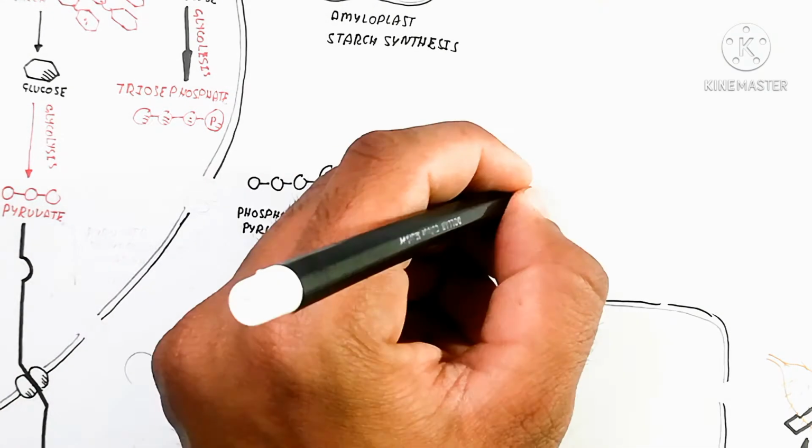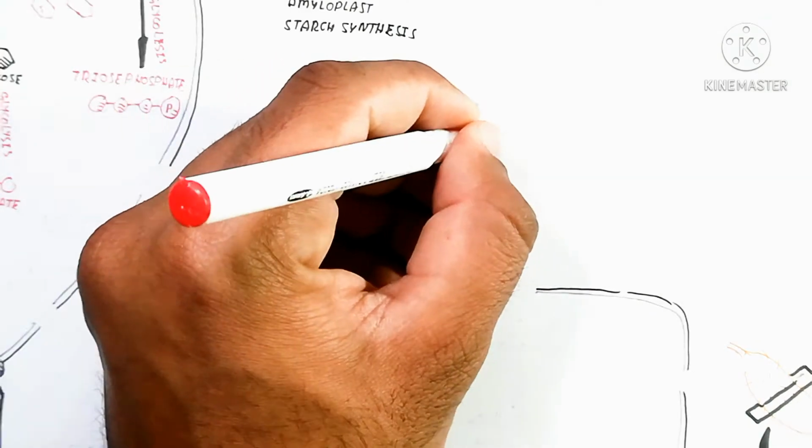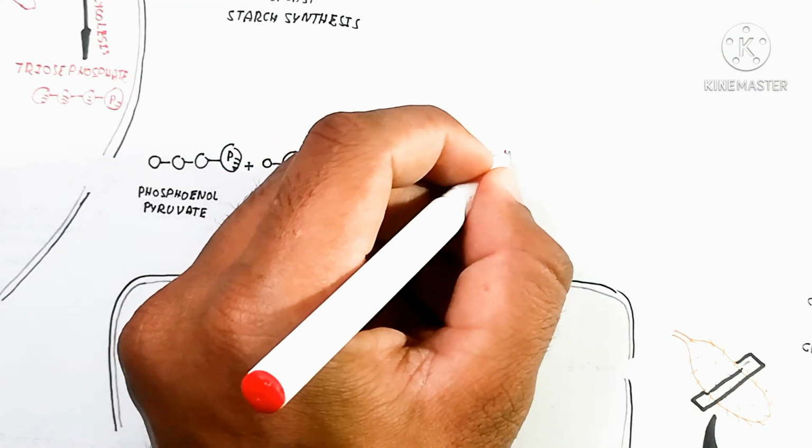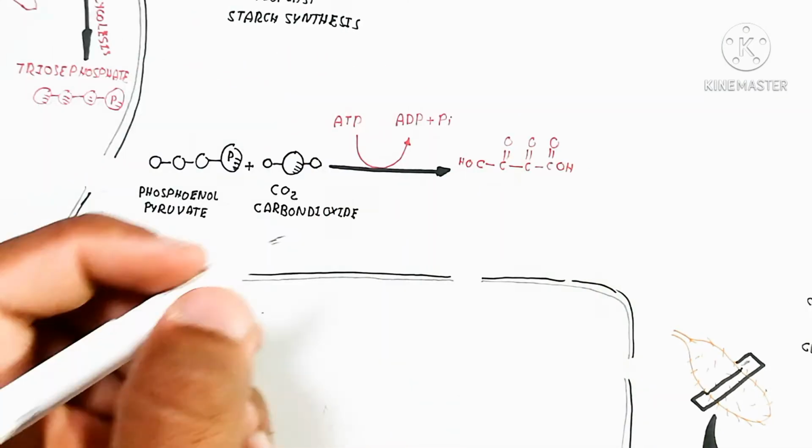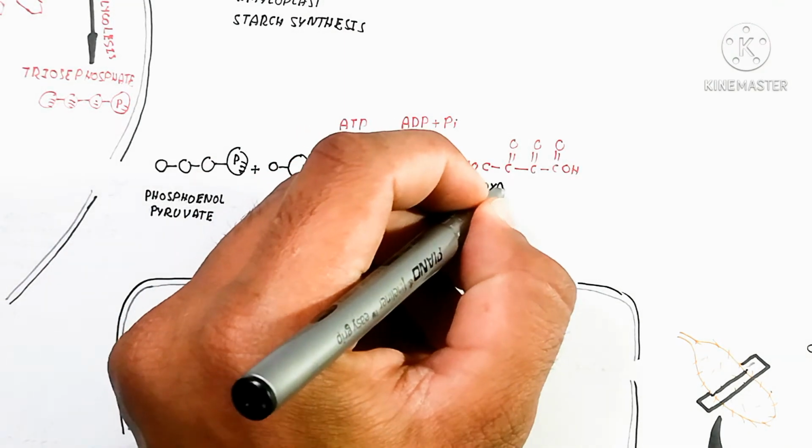On the other hand, here is phosphoenol pyruvate, which is fixed with carbon dioxide, using ATP, to produce oxaloacetate. Now we are discussing the CAM plant.